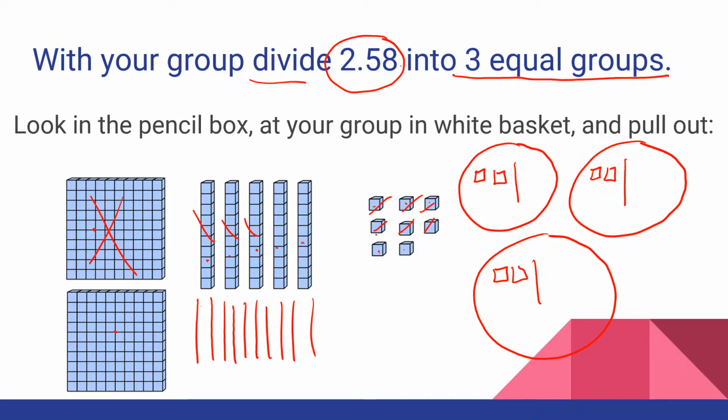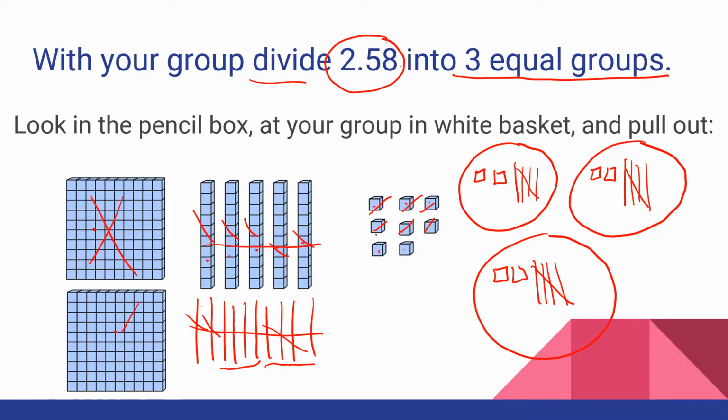So 1, 2, 3, 4 in each group. Now all these tens are gone.